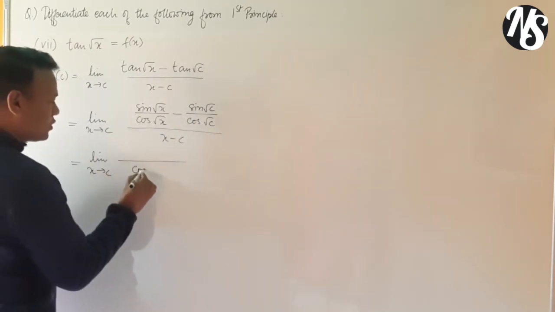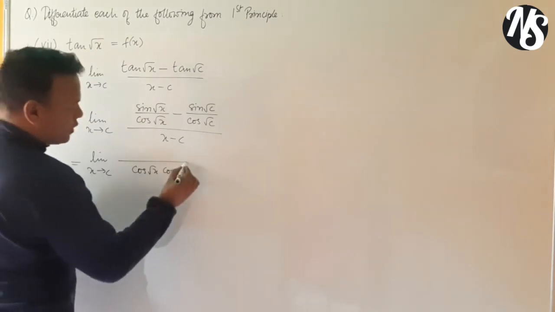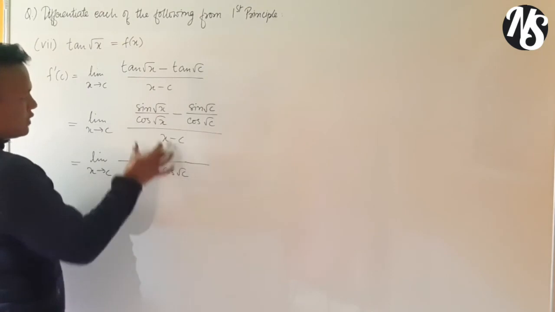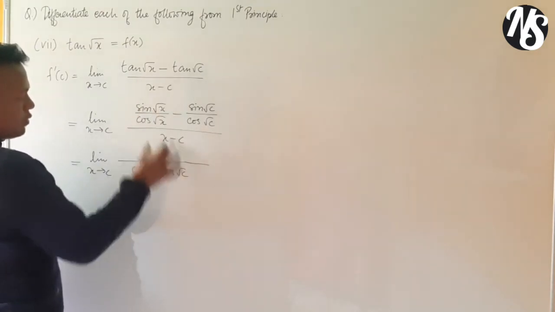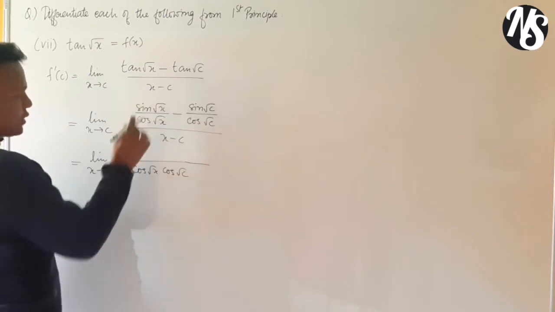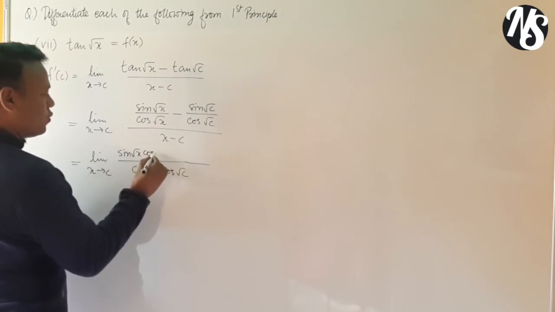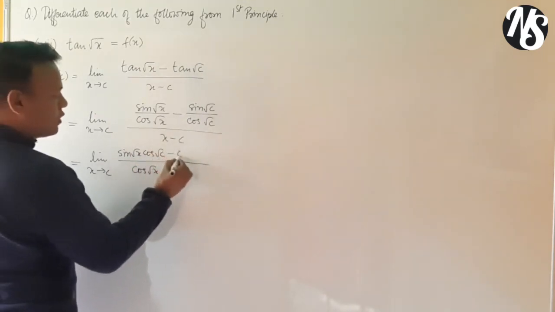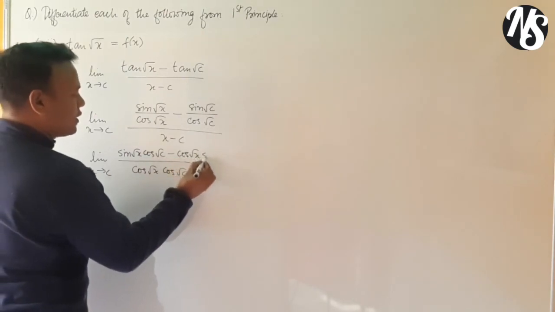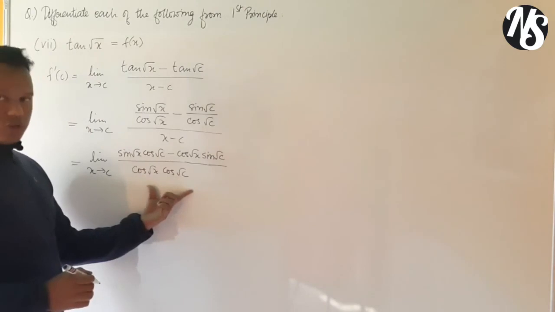This becomes cos root x cos root c. Divide this LCM by this, so you'll get cos root c, so the cos root c into sine root x becomes sine root x cos root c. So we have minus, and similarly when you simplify, you will get cos root x sine root c. So this is the simplification of the numerator.